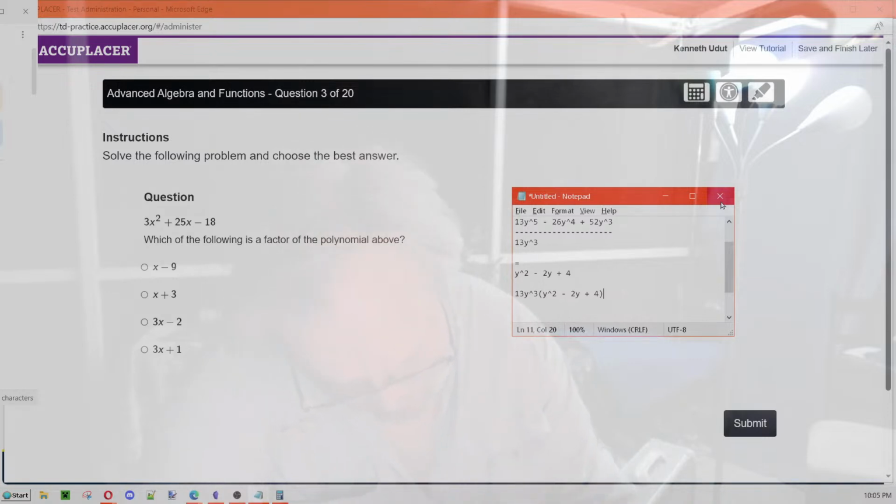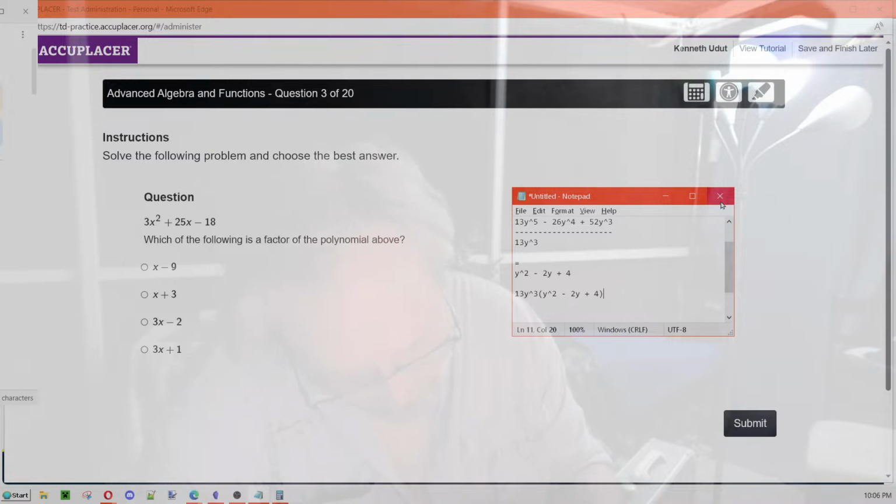So, which pair gives me the middle term? So I think it's 27 and 2. 27 times negative 2 equals negative 54. 27 minus 2 equals 25, which is the middle term.